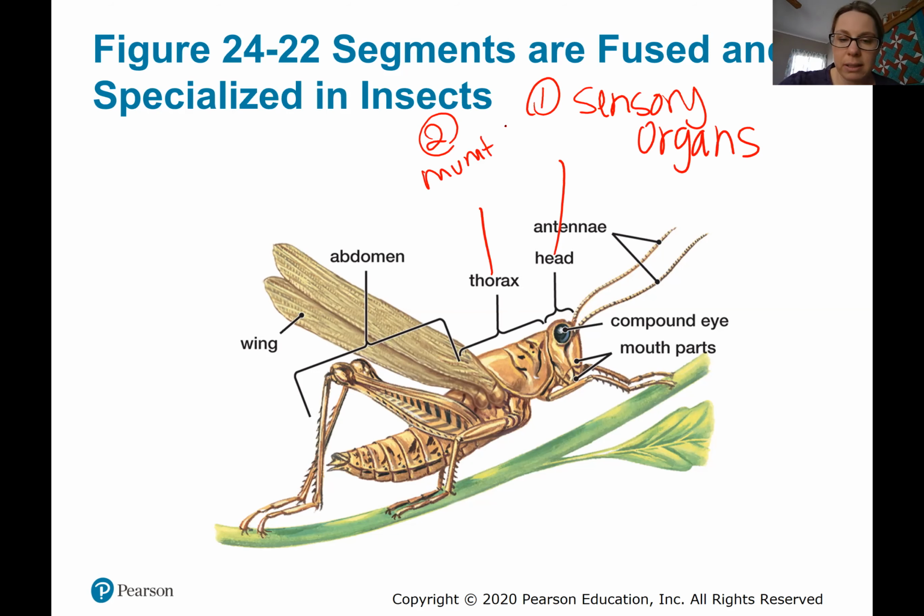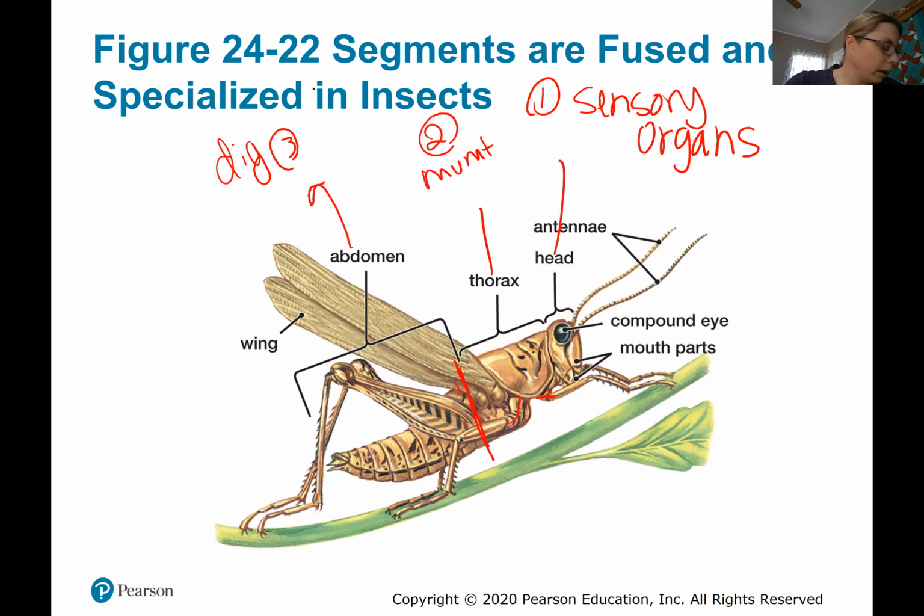The wings and the legs are all going to attach to the thorax. And then the abdomen would contain the digestive organs and reproductive organs and so forth.